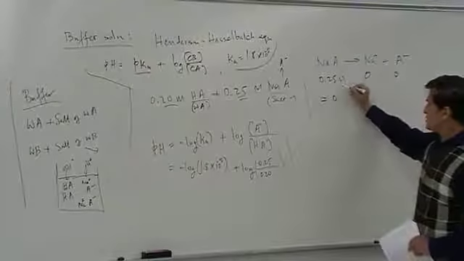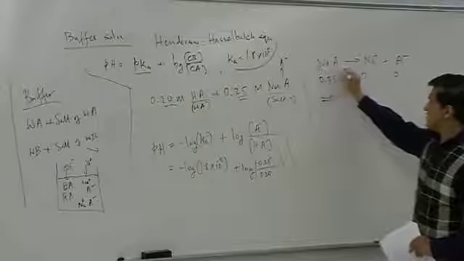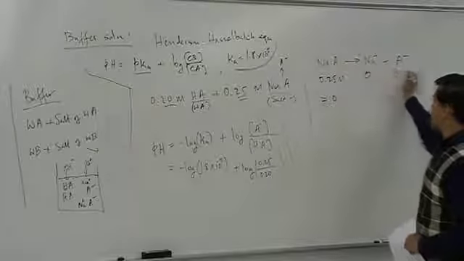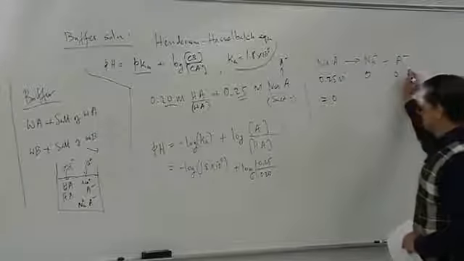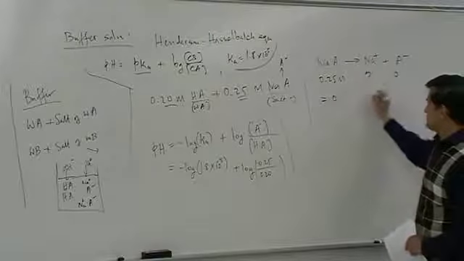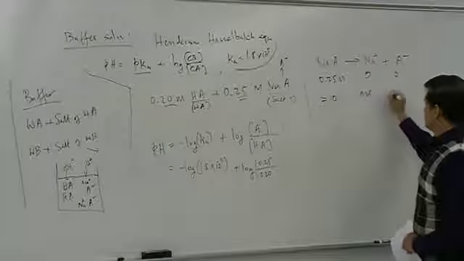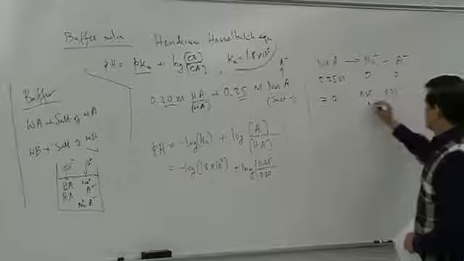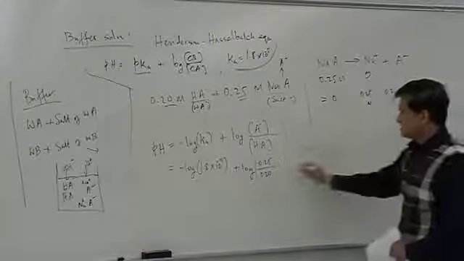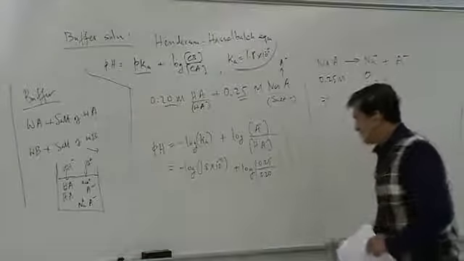When one sodium acetate breaks down, you get one sodium plus one acetate ion. When 0.25 breaks down, it will be the same number here. And that's why I have used this number. So make sure you understand this.